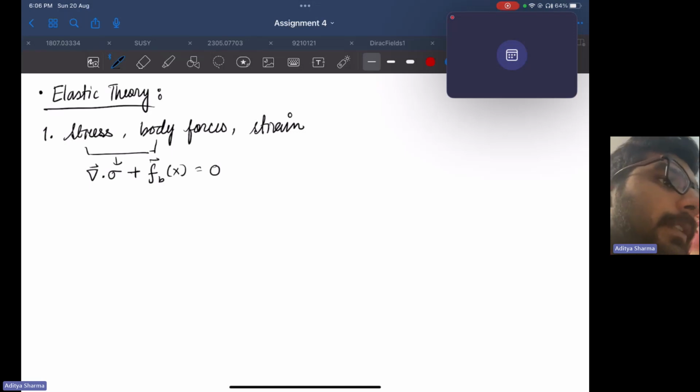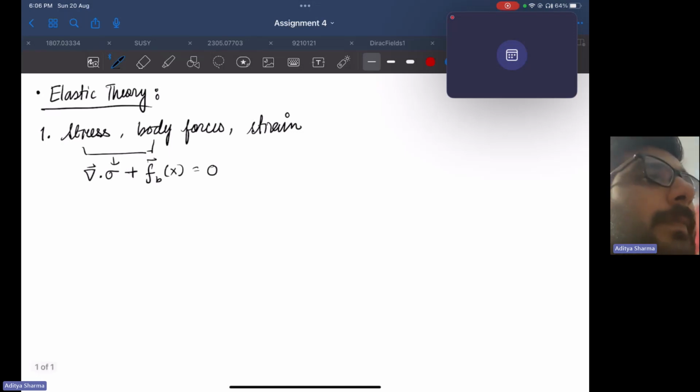Some kind of continuity equation. This is a vector equation, by the way, because sigma is a tensor.